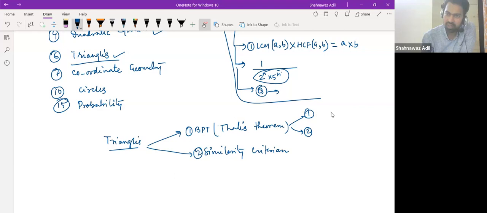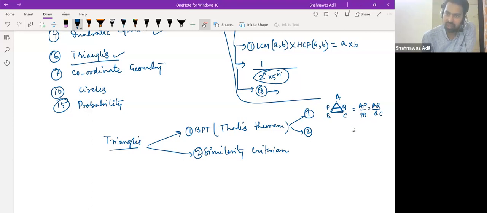So this said that when we have this triangle, and this line is parallel to the third side, then the ratio in which these two sides are divided is proportional, right? So AP by PB is equal to AQ by QC.